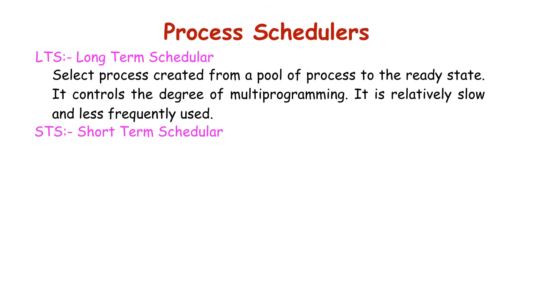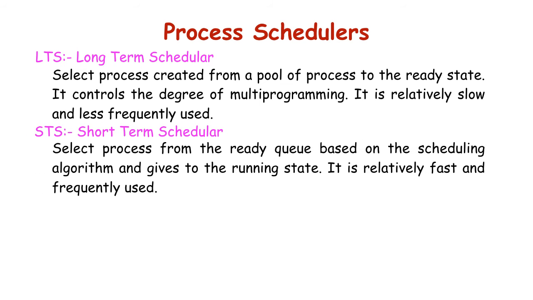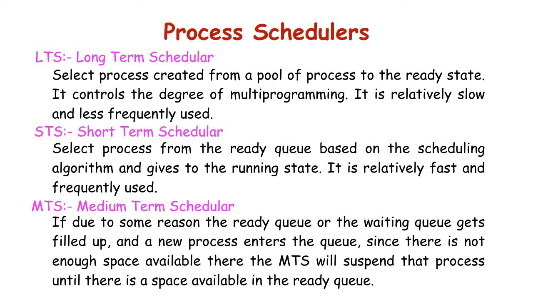The short-term scheduler selects the process from the ready queue based on the scheduling algorithm and gives it to the running state. It is relatively fast and frequently used. The medium-term scheduler swaps the processes to the suspended state.